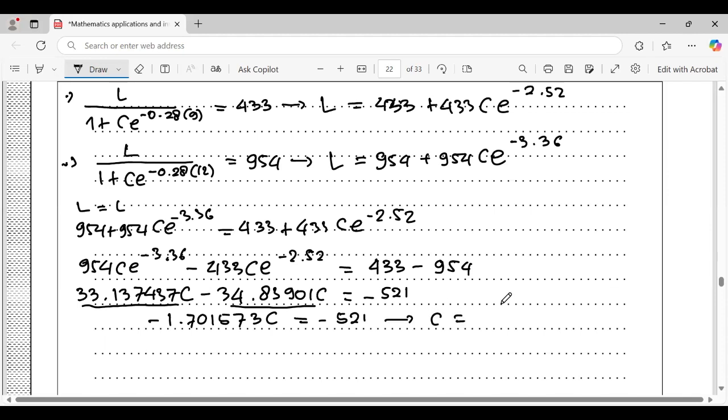So C equals minus 521 divided by minus 1.701573, which equals 306.1872.